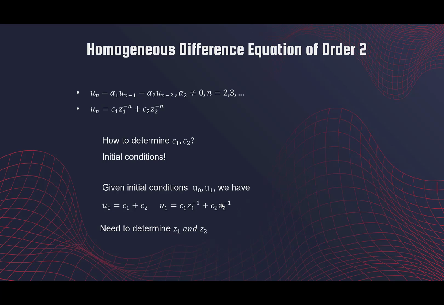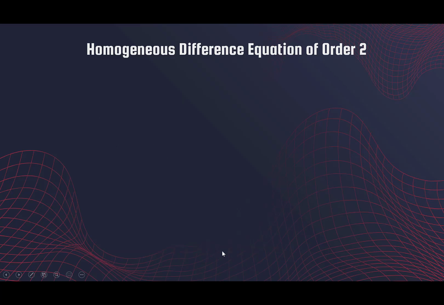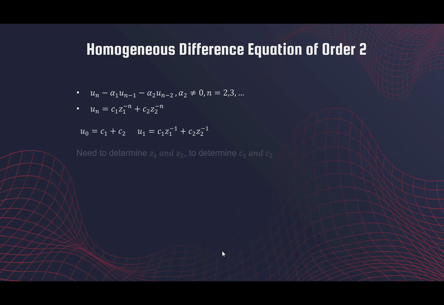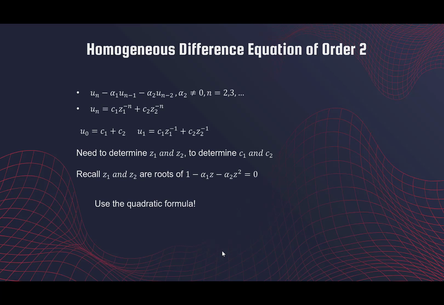Okay, so how do we determine Z1 and Z2, right? So remember that these are roots for this polynomial, okay? And so we can use the quadratic formula. This is just a general formula that I'm stating here for review.